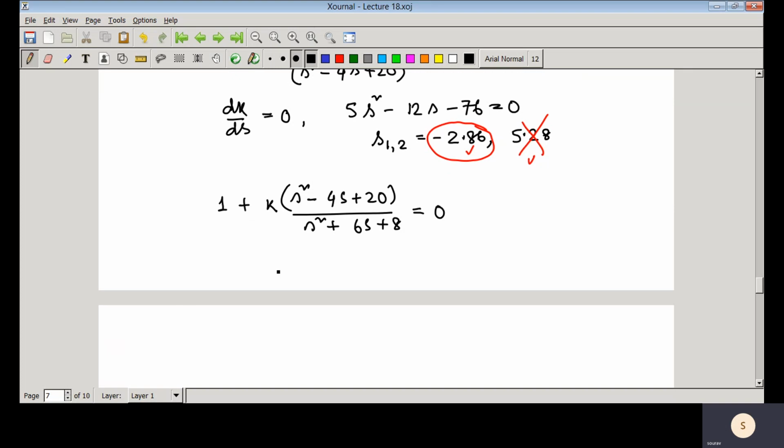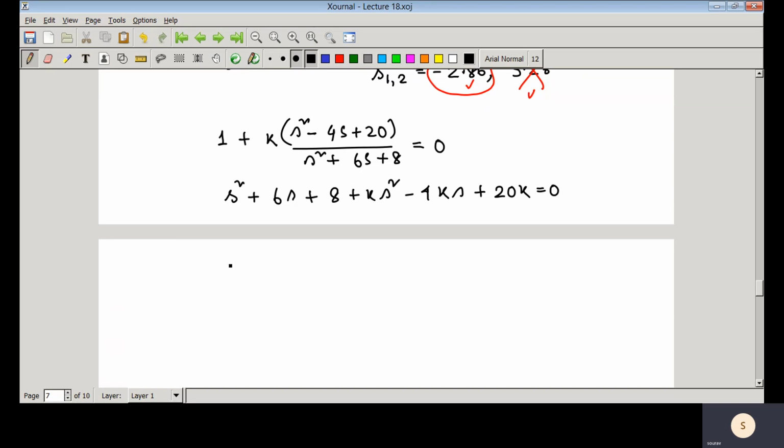So if you write that characteristic equation, you would have s square plus 6s plus 8 plus ks square minus 4ks plus 20k equal to 0. So now if you take the s square terms, that is (k plus 1) s square, then (6 minus 4k) s plus 8 plus 20k equal to 0.